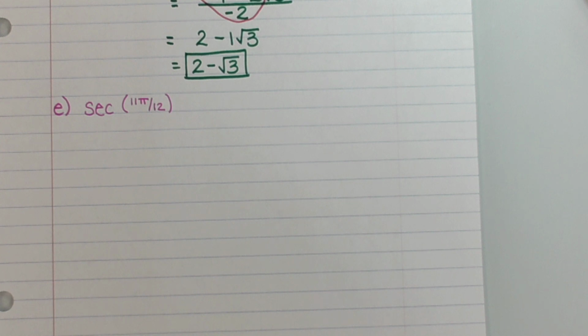Secant of 11 pi over 12. Is there a secant identity? No. How do I typically do secant of something? Find the cosine version of it and then do its reciprocal.